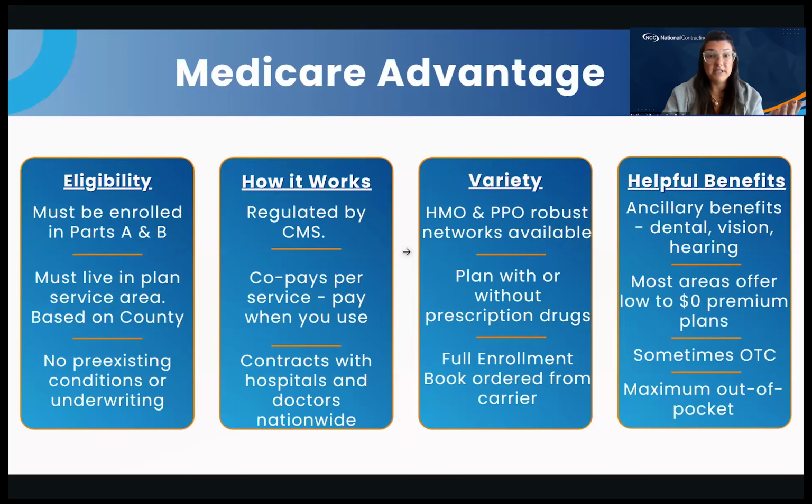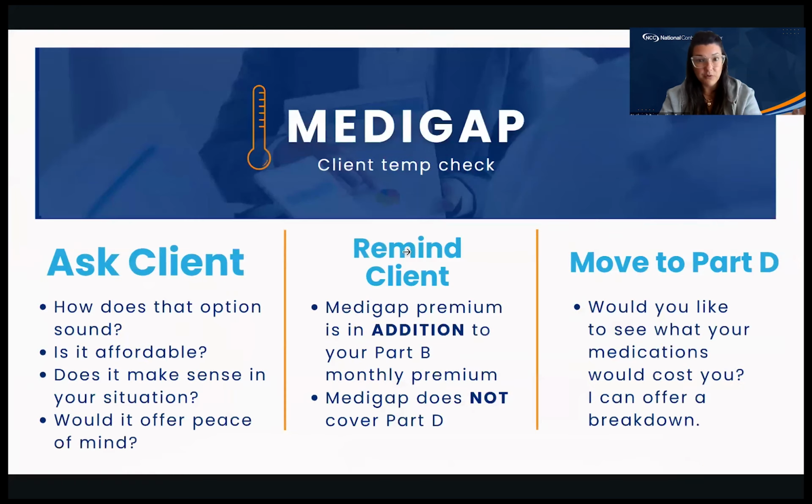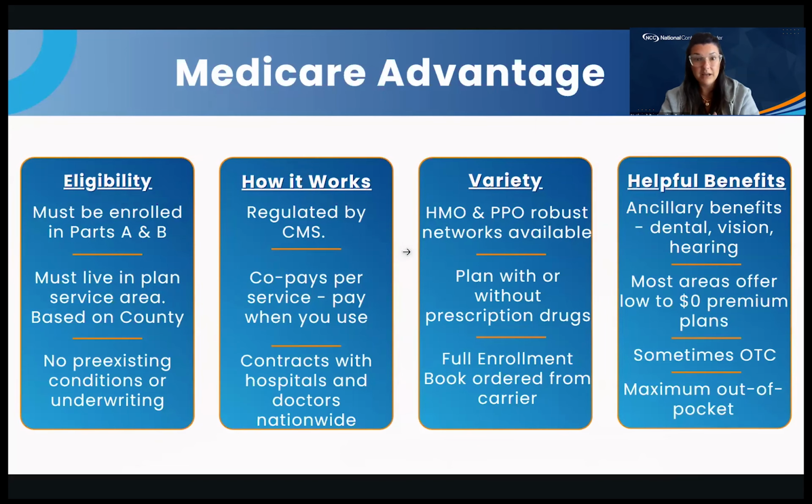If we slide back to these costs that you see for Plan G and Plan N, right? Anywhere from 120 to 140 bucks a month for a Plan G, which is typically the most commonly selected. When you flash forward to this Medicare Advantage plan, most Advantage plans combine hospital, medical, and prescription drugs for zero premium a month, right? So you can add a hospital indemnity plan for less than $50 a month.